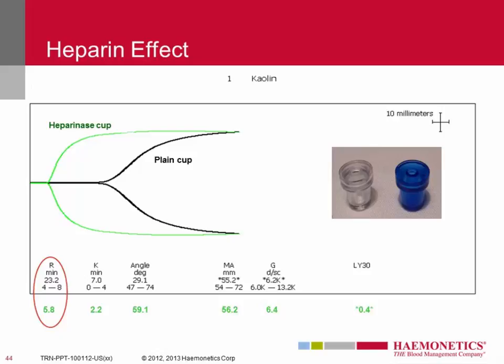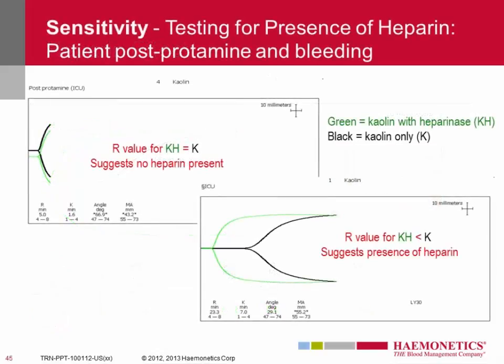Often you can see postoperative bleeding on heart patients because there's heparin on board. It's getting recirculated a couple hours later. And if you run one of these tests, you can identify it and give more protamine. So it can differentiate whether this is a mechanical bleed or a physiologic bleed.